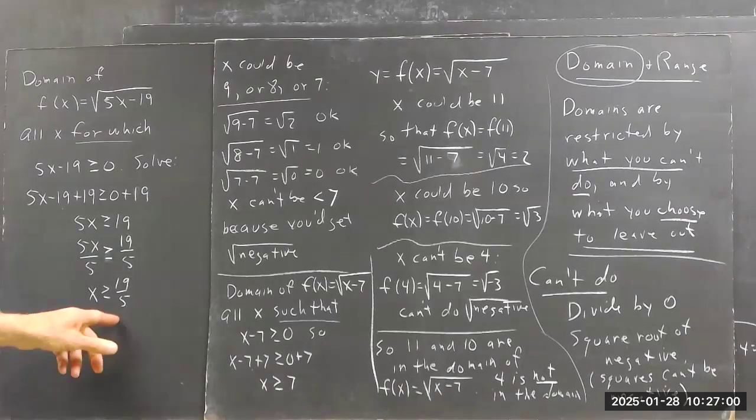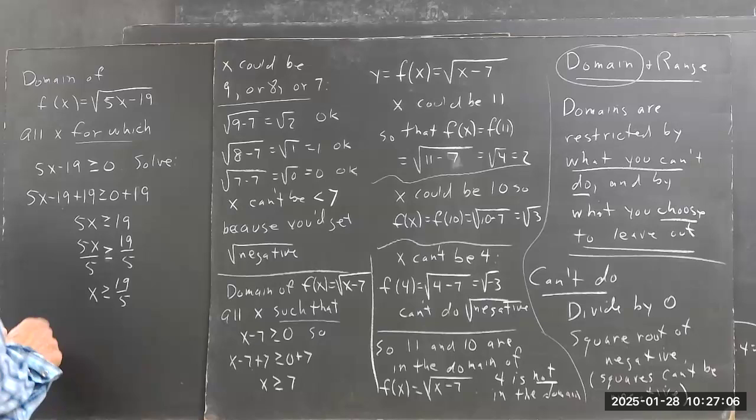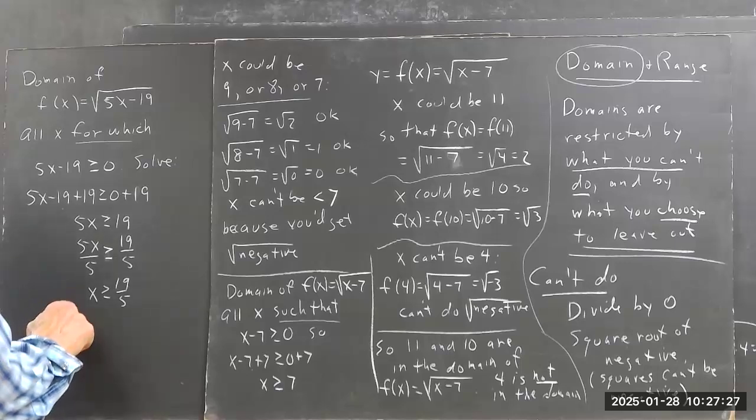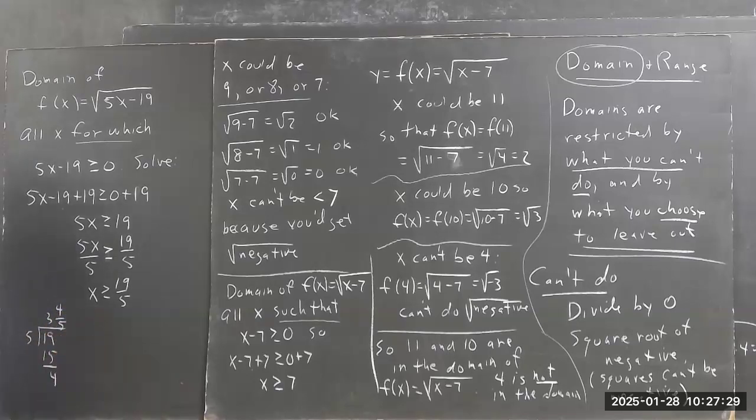Okay. Now what's 19/5? Well, it's a little less than 4. You can do long division. I can't use 4 here because it'd be more than 19, but you get 3. And then 4 divided by 5 is 4/5.